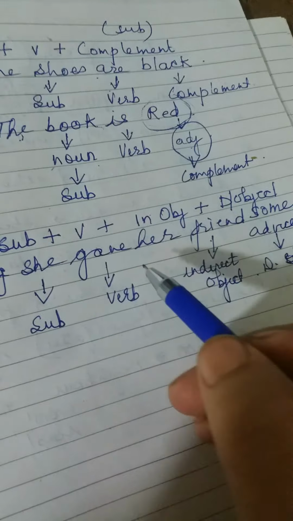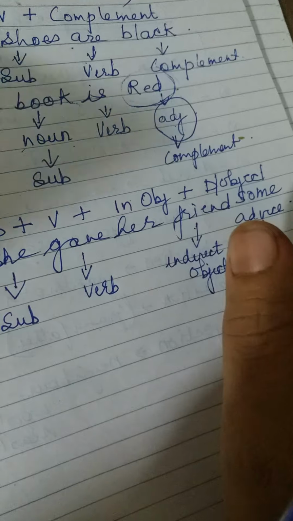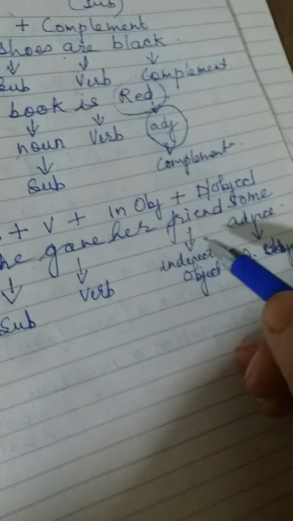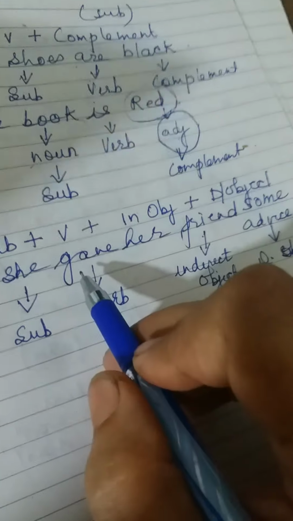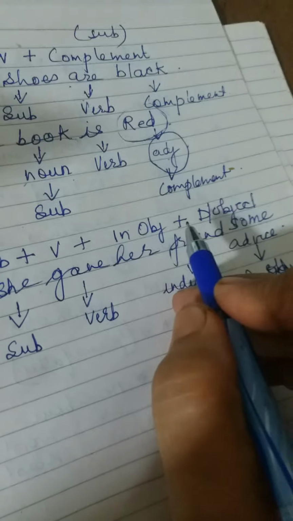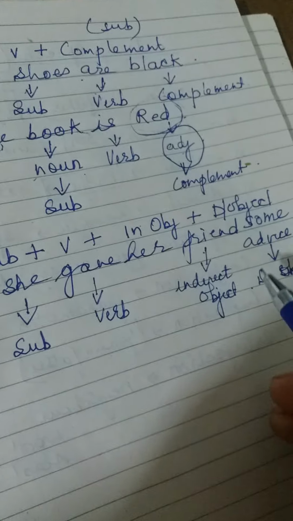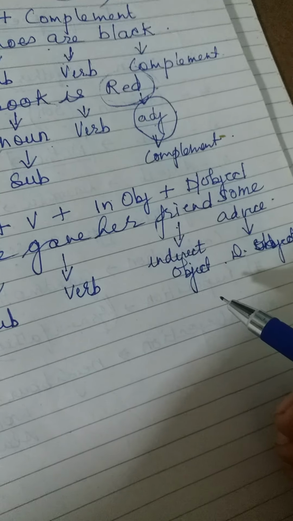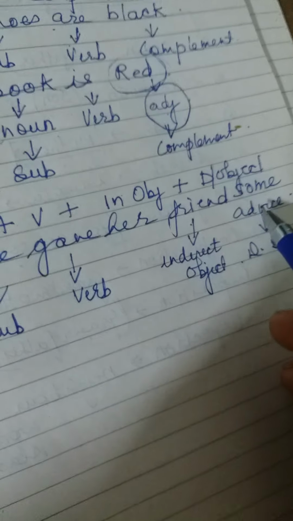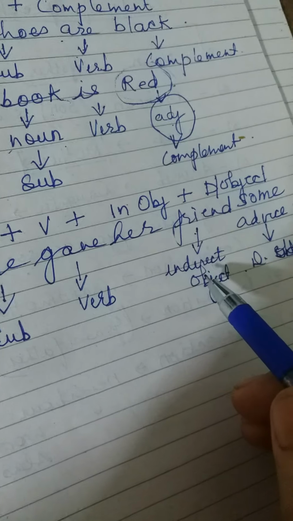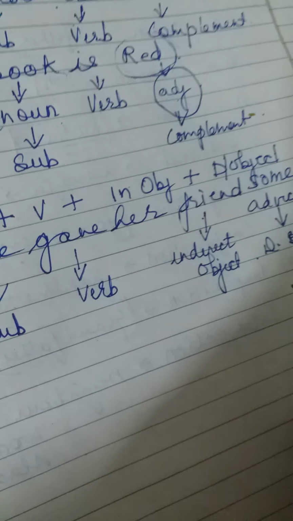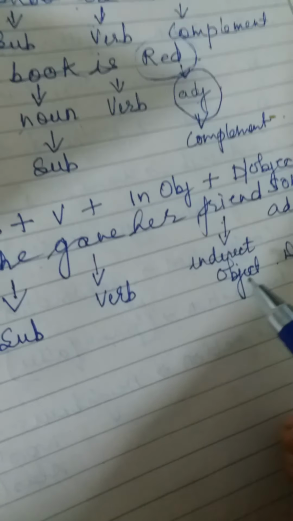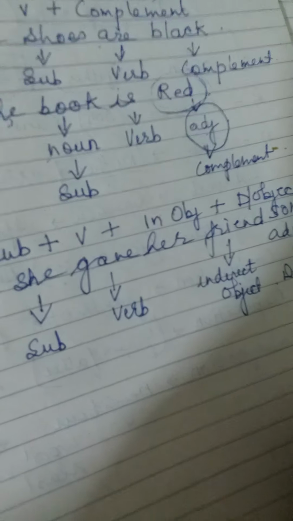If I say she gave her friend, it is not a complete sentence. If I say she gave her friend advice, of course it becomes meaningful. There are two objects in the sentence, so advice will be the direct object and friend will be the indirect object. Fine children.